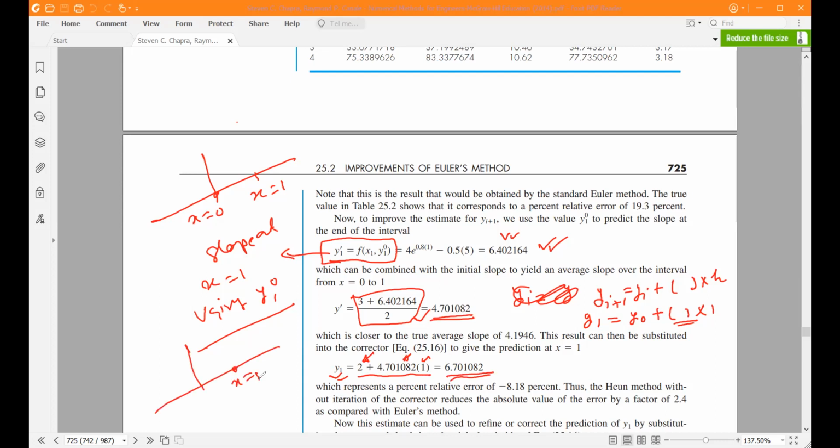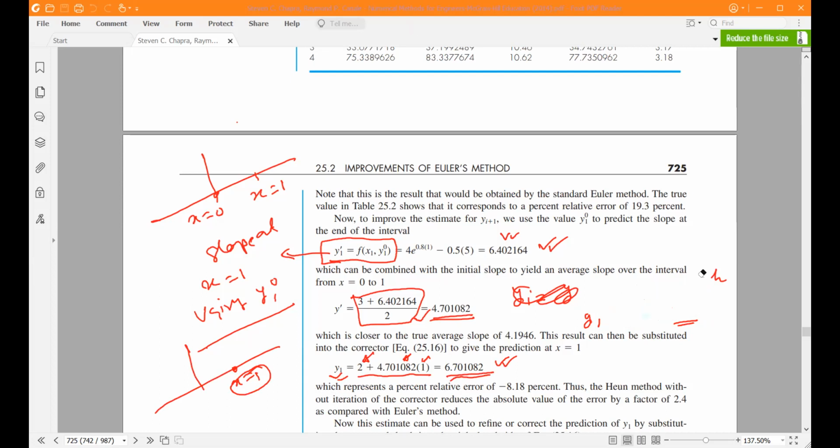Now the thing is that the corrector equation 25.16 is actually an iterative type of equation. At this time step, x equal to 1, you can further refine your solution by using this value. You calculate the slope again and proceed with refining.